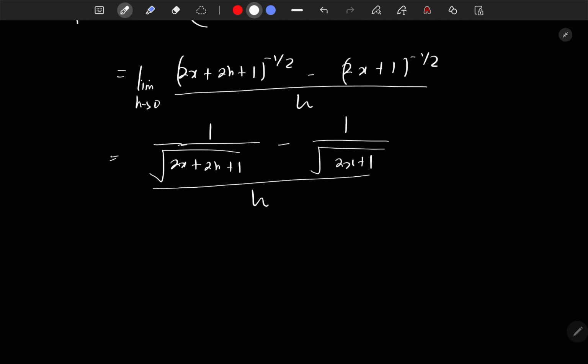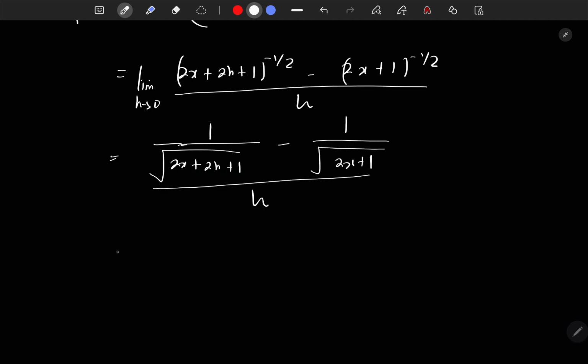If I want to evaluate this one, I can do the conjugate thing, where you multiply the numerator and the denominator by the conjugate of that number. That's what we do, isn't it? Or the way it is like this, I can first find the common denominator.